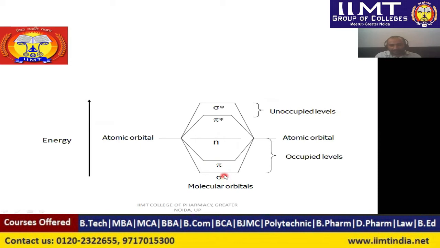Then there is excitation of an electron from the sigma orbital, and it can move either to the pi star or to the sigma star, based upon how much energy has been absorbed by the particular compound. If the compound absorbed less energy, it will move up to the pi star, while on increase in the energy gap, it will move to the sigma star.